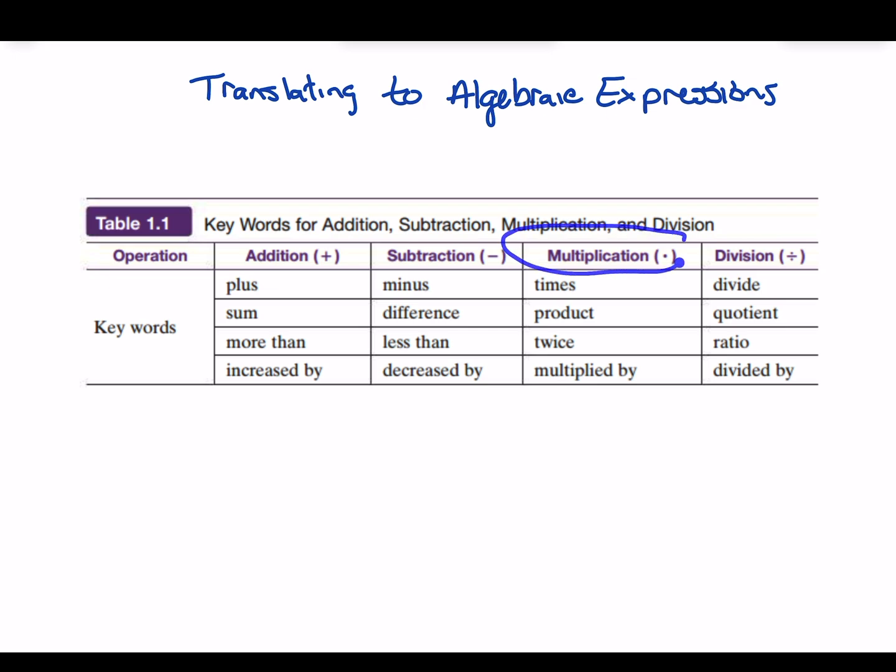For multiplication, you may see the words times, product, twice, multiplied by. And for division, you might see divide, quotient, ratio, or divided by. Anytime you see one of these words in a sentence, you know which operation it corresponds to. You can also find this table of keywords in Table 1.1 of your textbook.